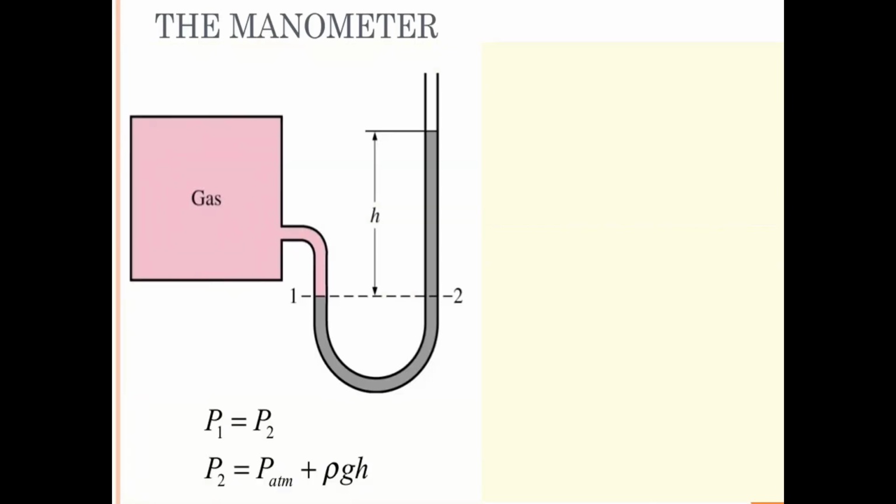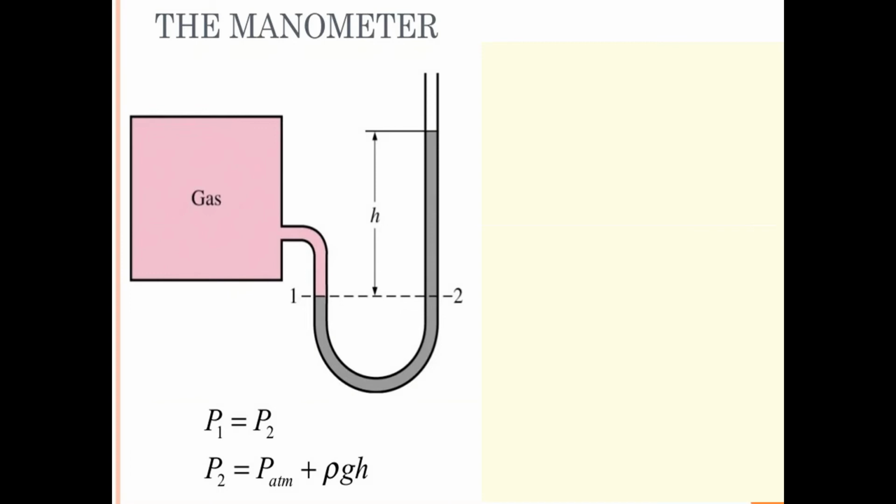So here is an example of a manometer wherein we have a gas in the reservoir and then the manometer is tapped, wherein one end is exposed to the atmosphere. As a general rule, at points where we have the same liquid at the same elevation, we can say that the pressures are equal.